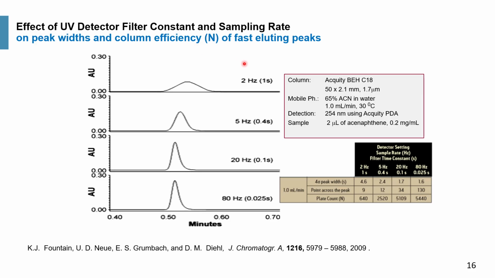If you're doing UHPLC with a very quick gradient, 1 or 2 ballistic gradient, or isocratically a very quick eluting peak, make sure that your filter constant response time of the UV detector is commensurate, and your sampling rate can support that. If you don't do that, according to this paper published in 2009, one can get band broadening. You get much lower plate counts and much wider peak width if your filter response time or your sampling rate is not correct.